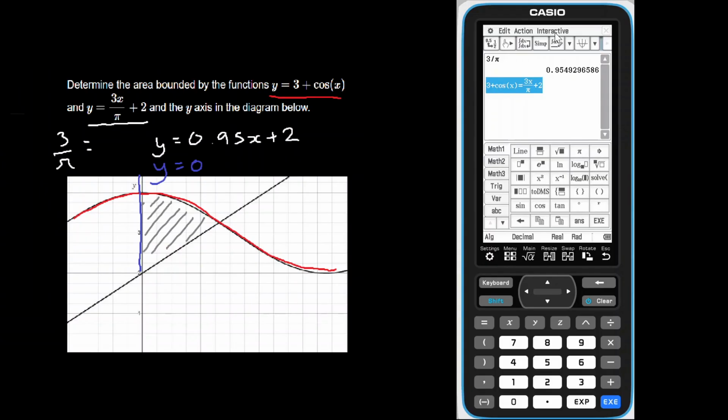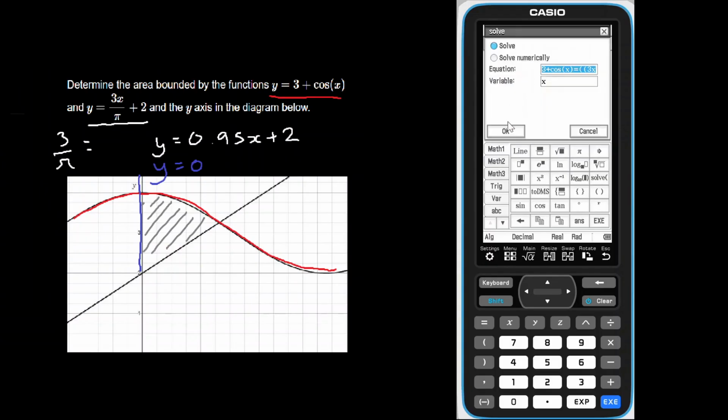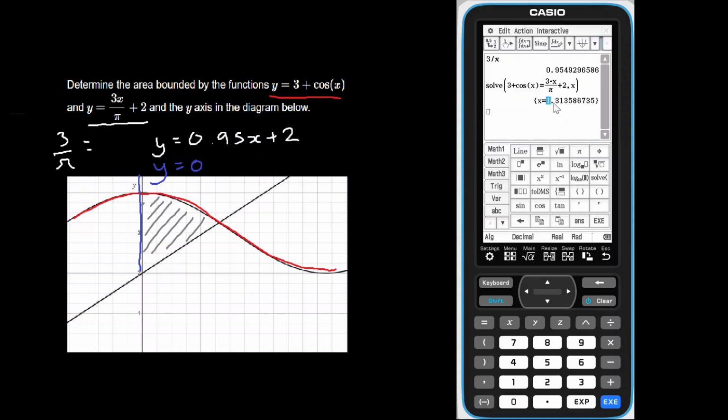So I'm feeling pretty good. I go advanced and I solve it. Nice, it's given me a value of 1 point something. Sometimes you can get more than one solution here. If I put this into standard, I don't think it'll give me something nice. No, it's still there. Sometimes when you solve for this, especially with trig functions, because they repeat and oscillate, you're going to get a really strange looking thing.